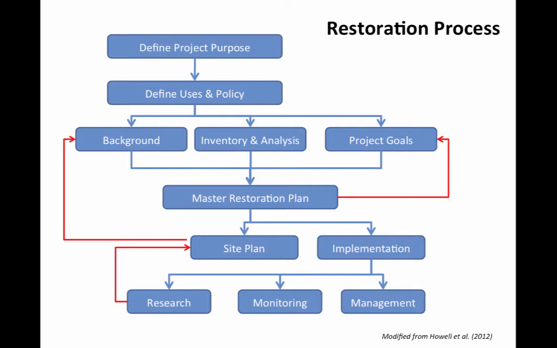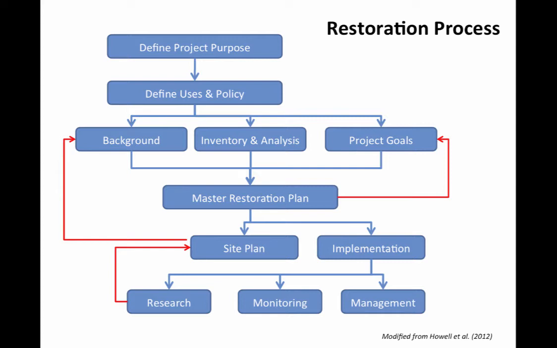Now, as part of that monitoring, as part of any kind of adaptive management process, you have this idea of research, right? Where you're going to document and see, was this successful? Was it not successful? Do we need to really think more about how we've laid this out?